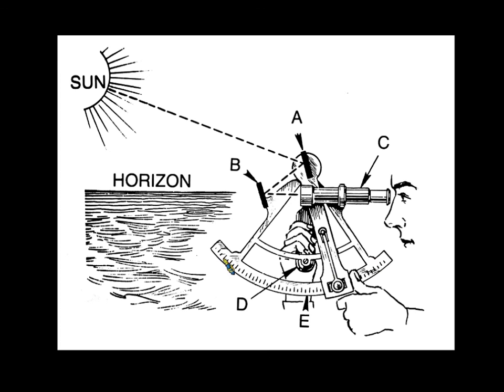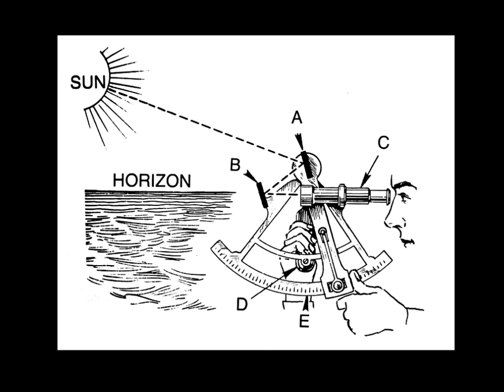And the sextant lets you figure out where you're at on the planet by sighting the horizon, and then you line this up with the sun, and it can also be used with the stars as well. It gives you a sense of where you are on the planet. And of course, it's measuring angles when it's doing so.